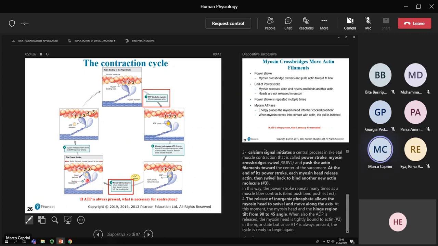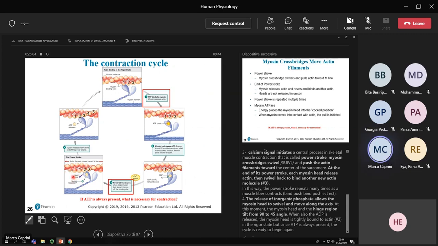You can see here the release of inorganic phosphate allows the myosin head to swivel and move along the axis. The myosin head and the hinge region, you remember the hinge region here, are able to form the angles here 45 and here 90. So the release of inorganic phosphate allows the myosin head to swivel and move along the axis.